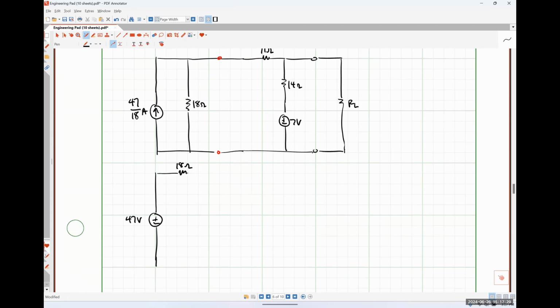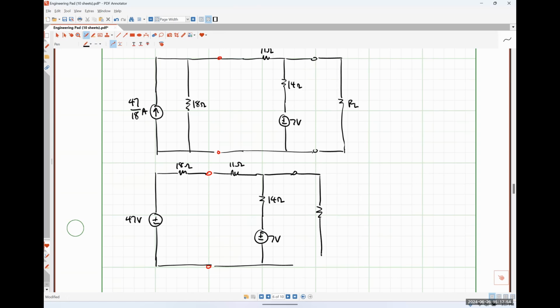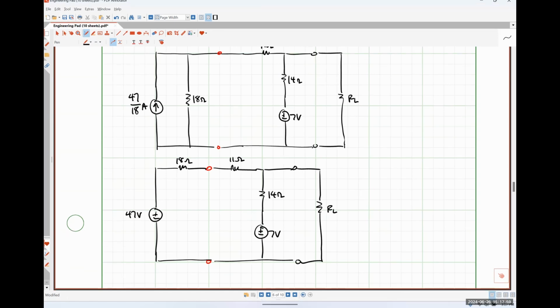Here's my 18 ohm resistor, my red terminals, my 11 ohm resistor, 14 ohm resistor, 7 volt source, and then here is my resistance RL.